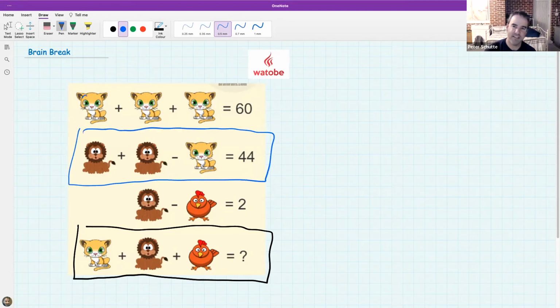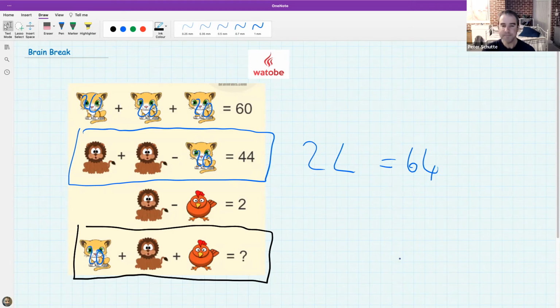So I think I see in the chat, everybody is saying that the kitten is 20, which I agree with. But now ask yourself, if this was an equation you added to both sides, you get 64 on this side, and you'd have 2 lions on this side. Oh, my nose is getting blocked again. So ask yourself, what does a little lion have to be then?